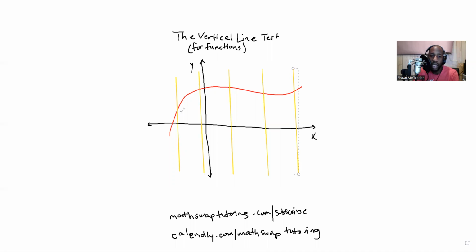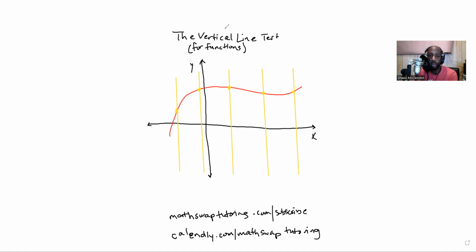If that's the case, then what you have is indeed a function. So this is a function because you can literally draw a vertical line anywhere on this XY plot and it crosses the curve one time. So this passes the vertical line test.